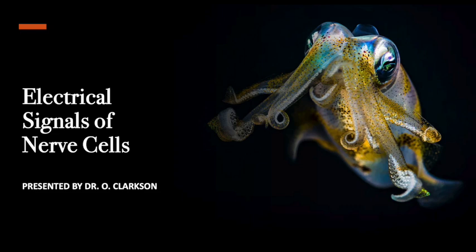Cool. Now, in terms of resting membrane potential, there are going to be a few major ions involved in establishing the membrane potential. We already talked about potassium, but sodium is also involved. Calcium is also involved. Chloride ions are also involved.